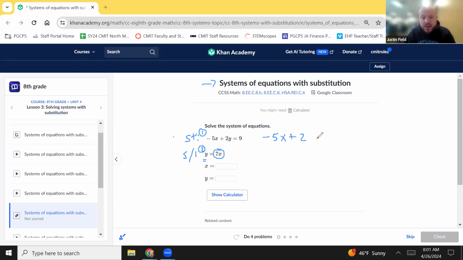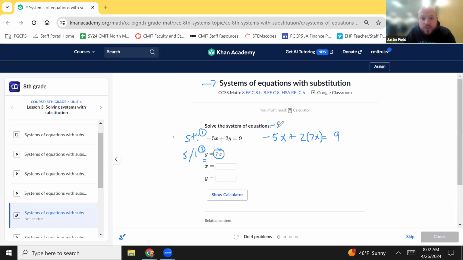I am not going to write y because I know that y is equivalent to 7x. So in place of y, I'm going to substitute 7x.